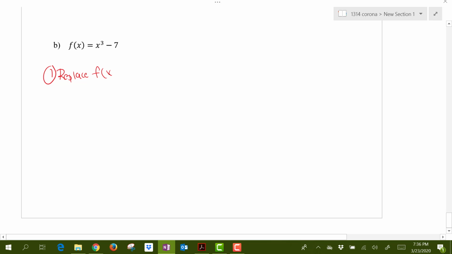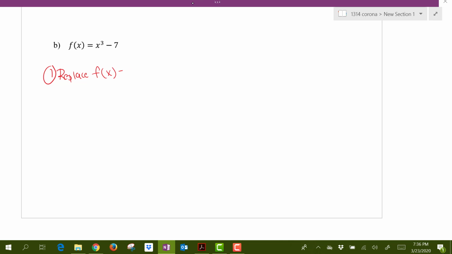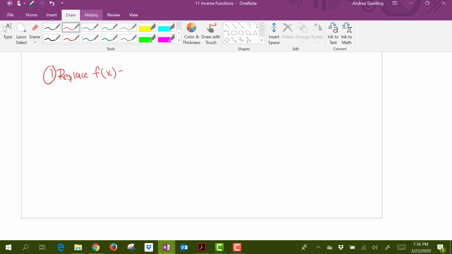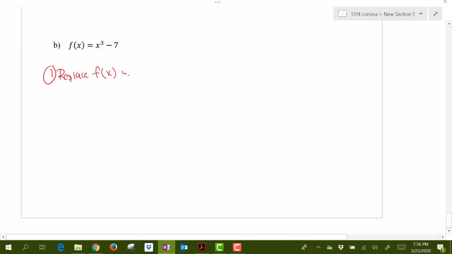So we're going to replace f of x with y. So that's going to look like y. Instead of f of x, I'm going to write y equals x cubed minus 7.